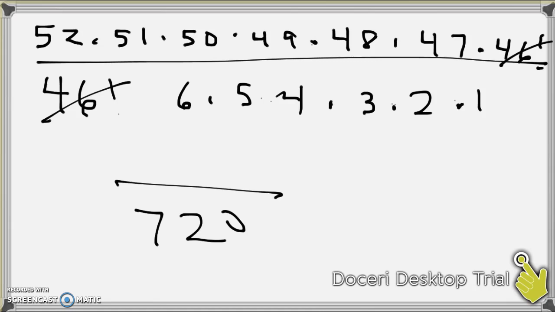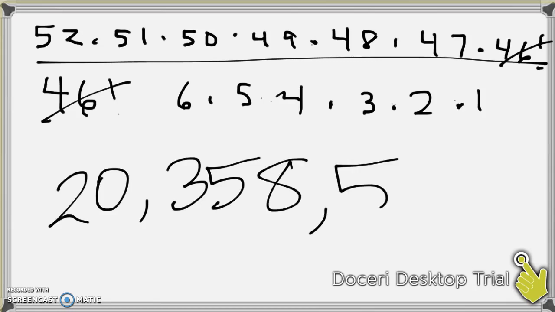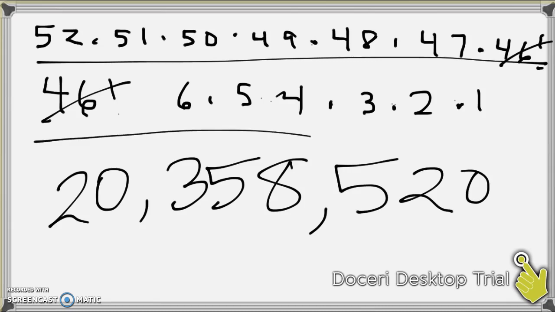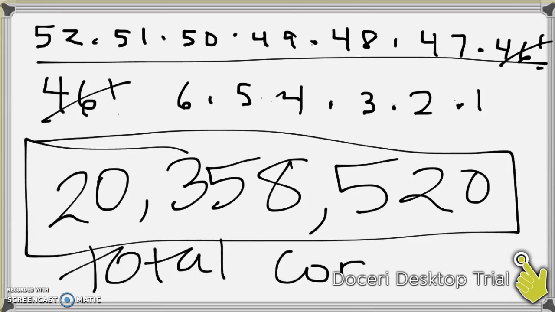Then I just divided by 720. So when I did that, here is the total number of combinations I got: 20,358,520 different 6-card poker hands I could get. You need to remember that number. That's the total combinations, and we're going to need that number at the end.